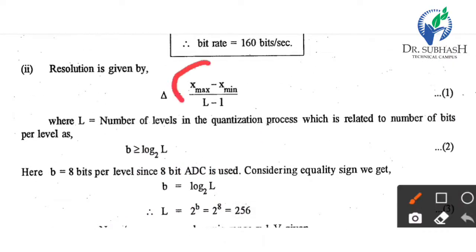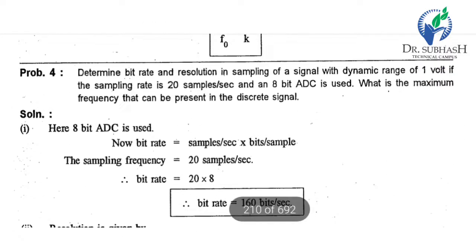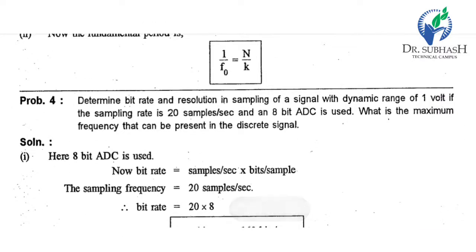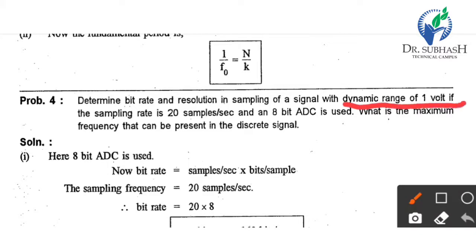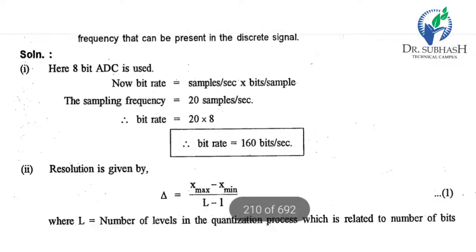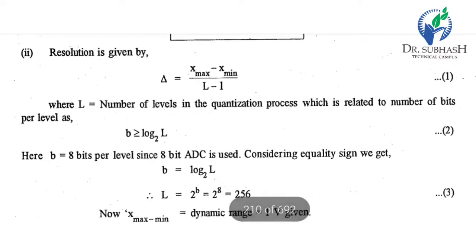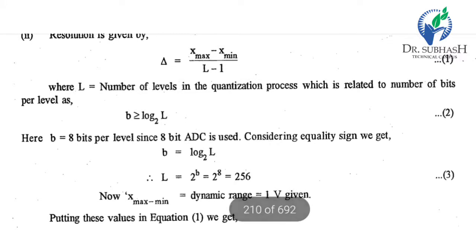And in this equation, x max minus x min is given in the question as a dynamic range of 1 volt. That means x max minus x min is equal to 1 volt.